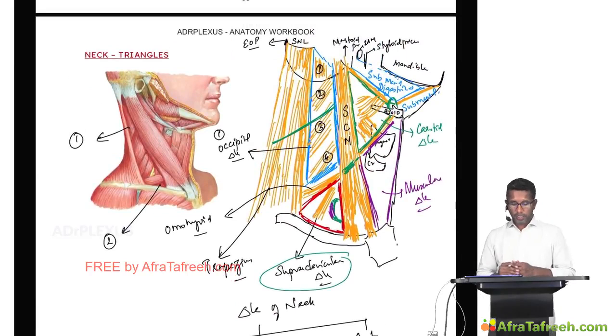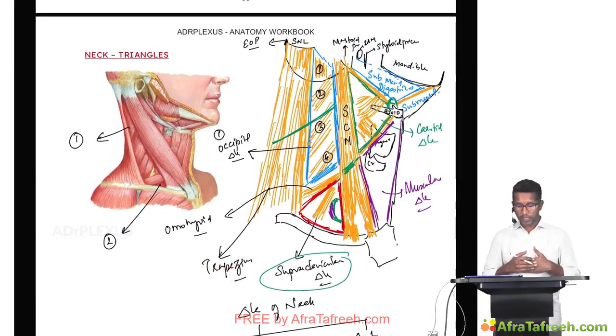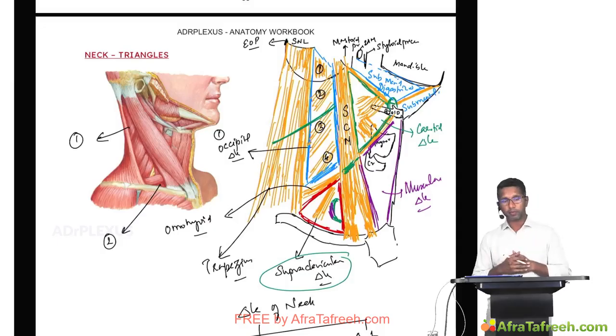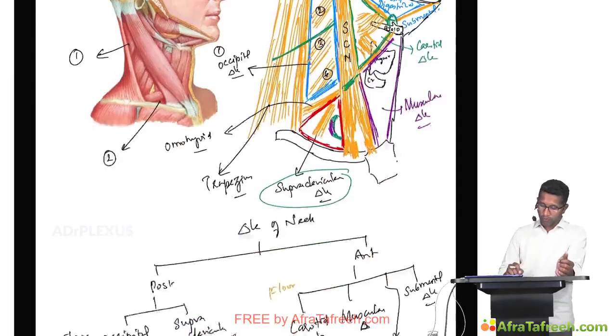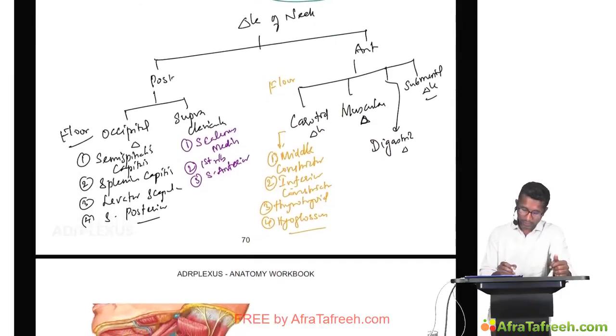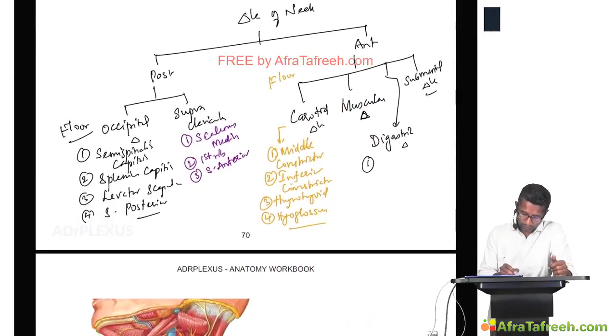This digastric triangle is bounded by the two bellies of the digastric muscle, and above by the mandible. The floor of the digastric triangle is formed by the mylohyoid muscle.